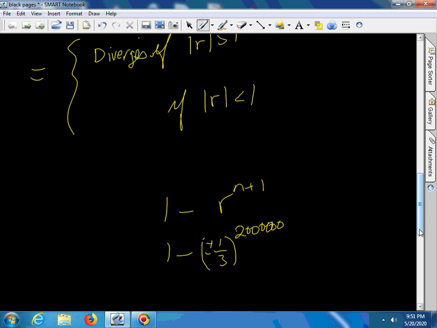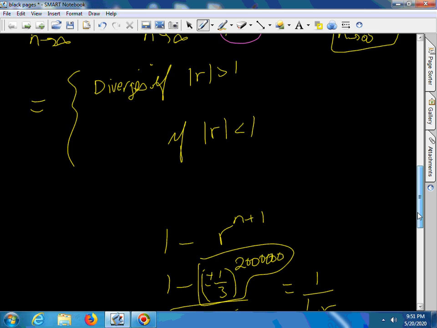If the power is even, you'll get a positive small number. If the power is odd, you'll get a negative small number. That is, numbers close to 0. That is, this piece goes to 0, and the numerator is just 1 over 1 minus r.